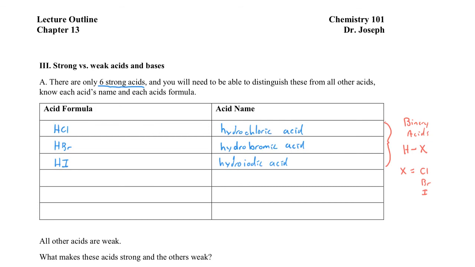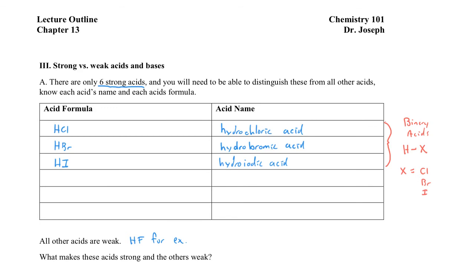Notice that the halogen missing is fluorine. Hydrogen fluoride is an acid. However, it's a weak acid. These are the three binary strong acids, HCl, HBr, and HI. In addition to these three binary acids, there are an additional three strong acids which contain oxygen and another atom.